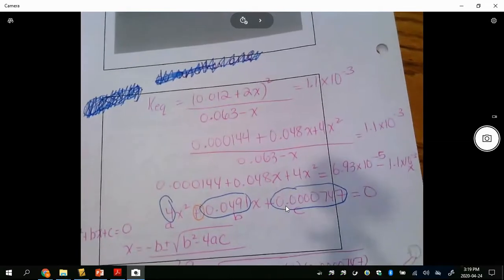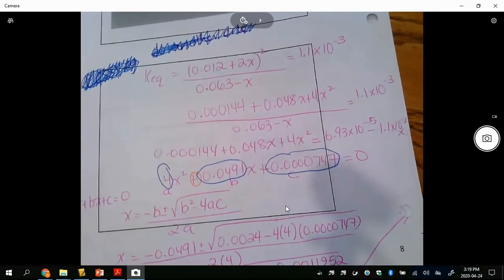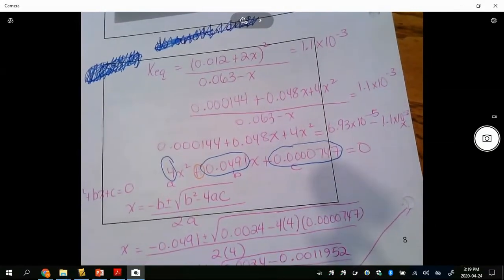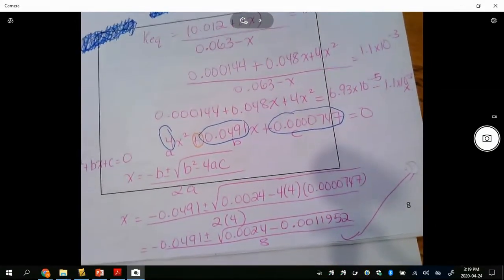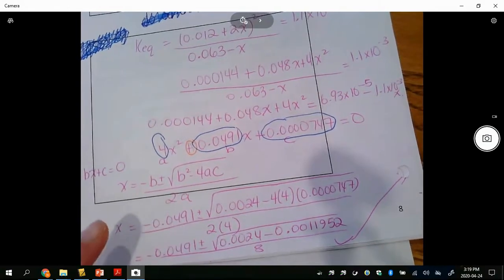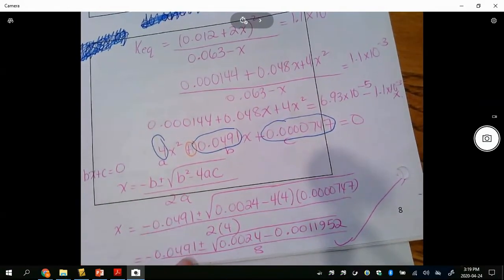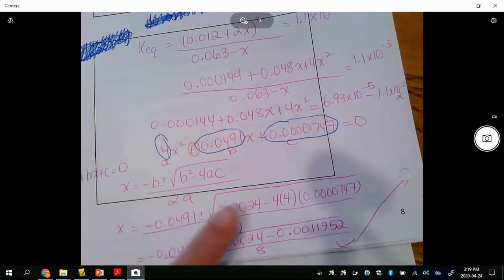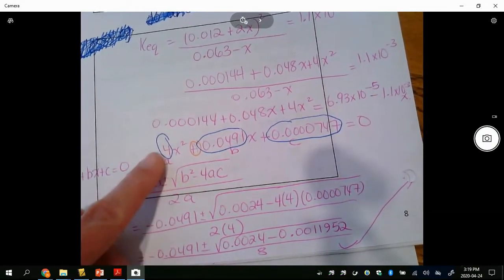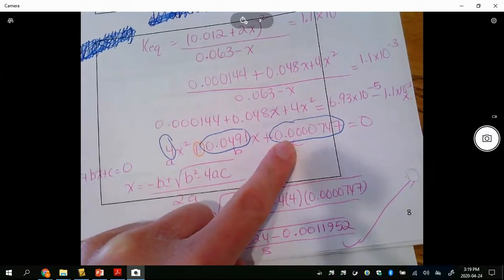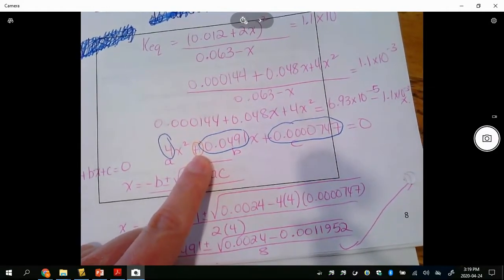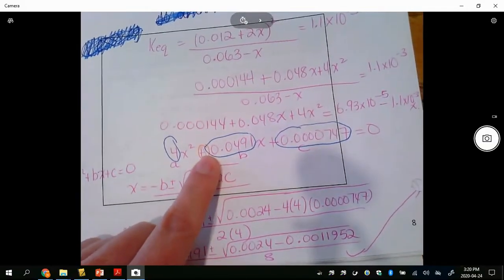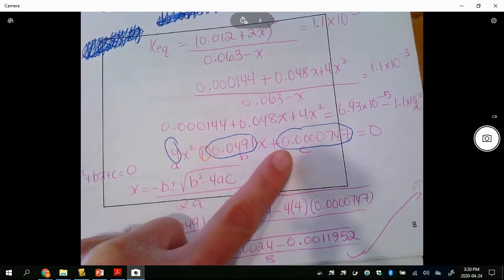Okay, so here I just walked through solving it. If you're lucky enough that you can plug it into your calculator and get the value for x right away, then you do not have to do all this part, but I'm showing you the calculation I did using my A, B, C values. Make sure you take note of the sign in front when you're plugging in, because that could mess up your whole answer. In this case, B is positive, C is positive, and A is positive.